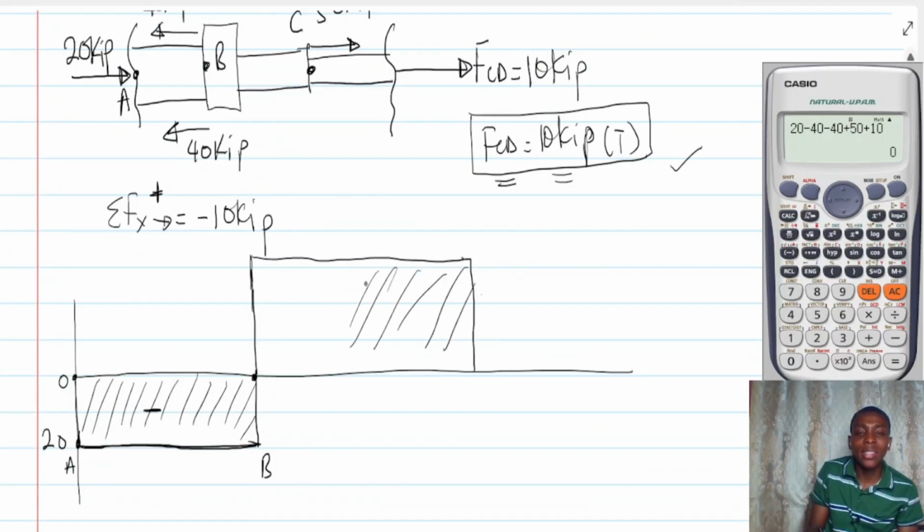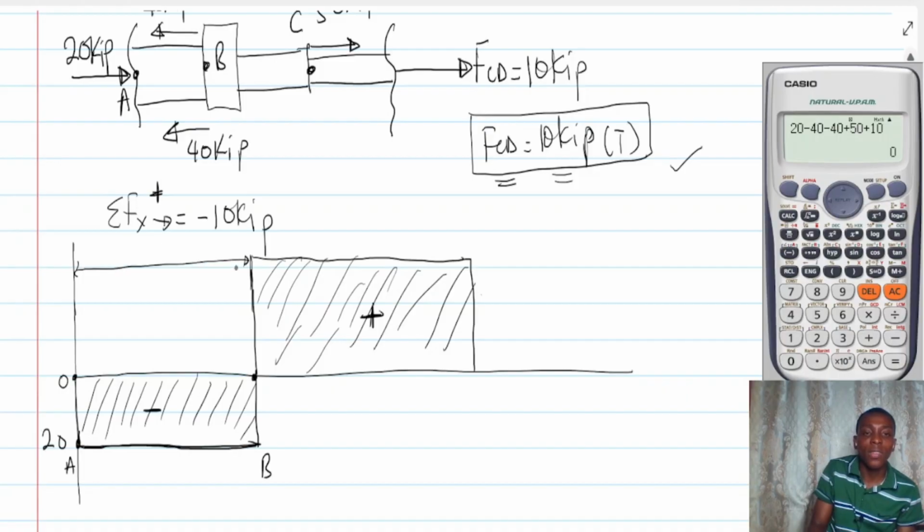So that is our axial force. Over here, the magnitude is 60. Finally, FCD was 10, so something like this.